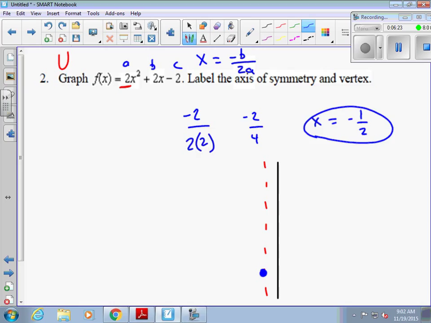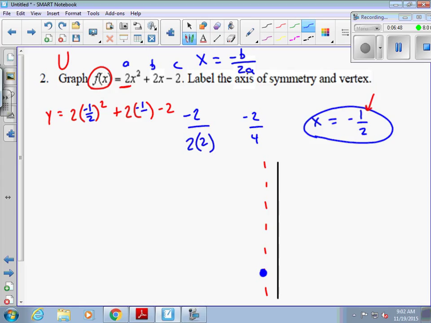In order to find your y, you want to plug in negative 1/2. You want to plug in your new value for x. So in that equation, anytime you see this notation right here, f of x, that's y. Y is equal to 2 times x squared plus 2 times x minus 2. X we just found is negative 1/2.